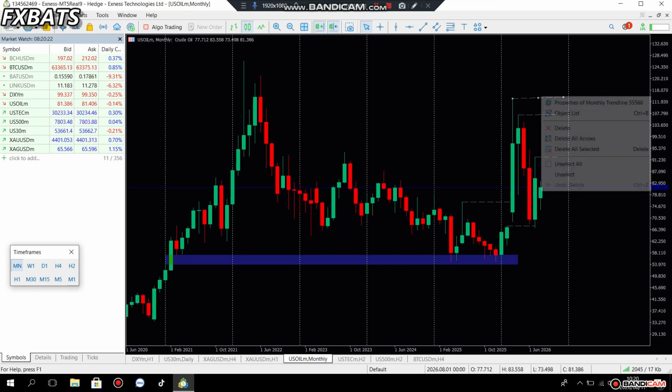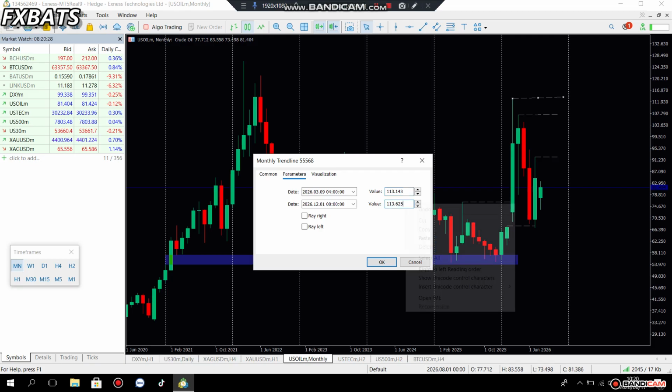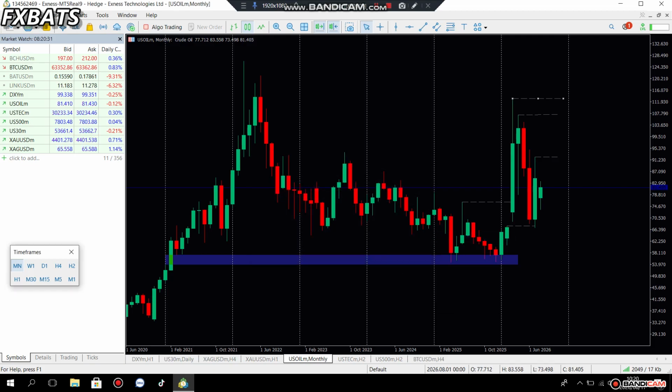According to what we see, it's easy. We could see that oil is bullish and our order flow is bullish. But where are we going to be buying oil from? On monthly, we don't have any context area. We already have a narrative that we buy towards this draw on liquidity, the previous monthly high. But how are we going to go there? How are we going to buy?